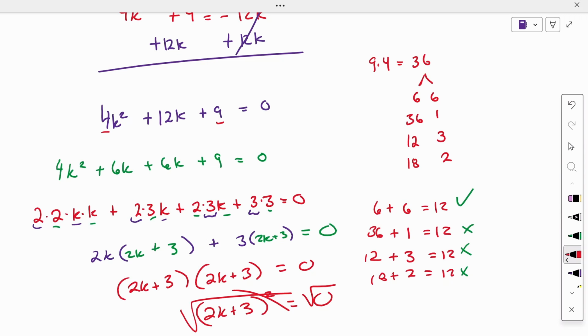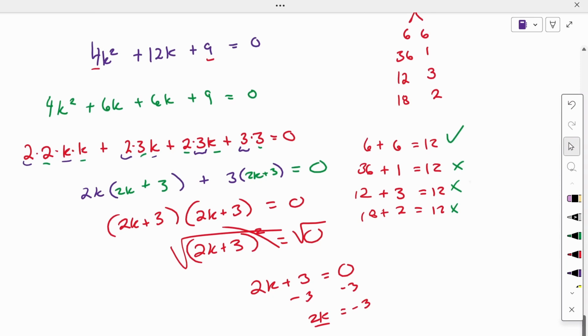And in this instance, that would just allow me to have 2k plus 3 equal to 0, because I don't even necessarily have to set each of the factors equal to 0. I can just take the square root of both sides. And if I take the square root of both sides, that clears the exponent, leaving me 2k plus 3. And of course, this is a two-step linear equation. So we're going to start by subtracting 3 on both sides, and then we'll divide by 2.